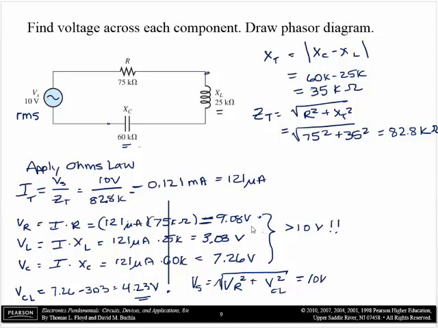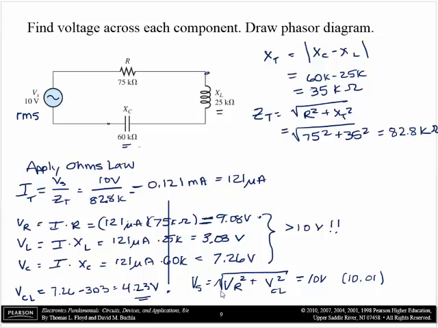If I use 9.08 and 4.23, it comes out to be like 10.01 something volts. So some round off error occurs there. That's really because you have to consider the phases between the voltages. It's not a straight application of Kirchhoff's law, but it really is; the phase information is just hidden in there.